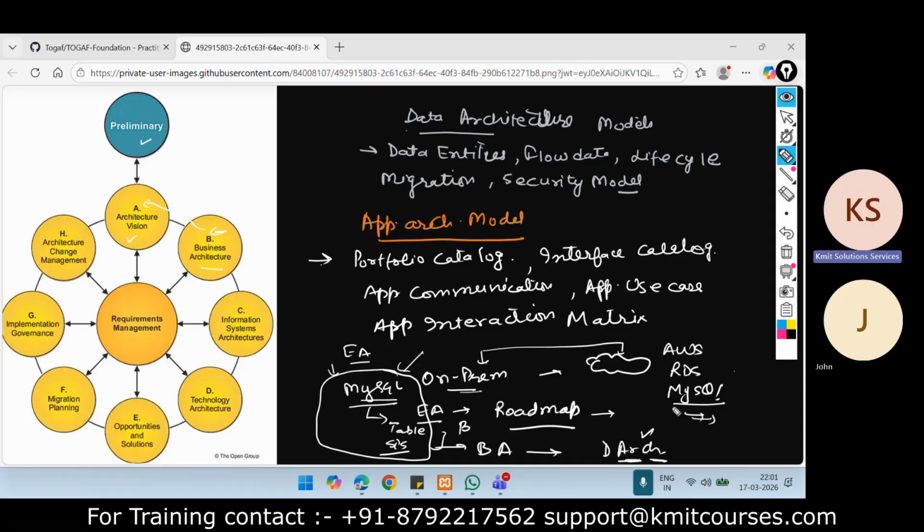All right, so whatever roles we are discussing here, business architect, data architect, now further when it goes to the technology architect, technology is basically defined in phase A itself.